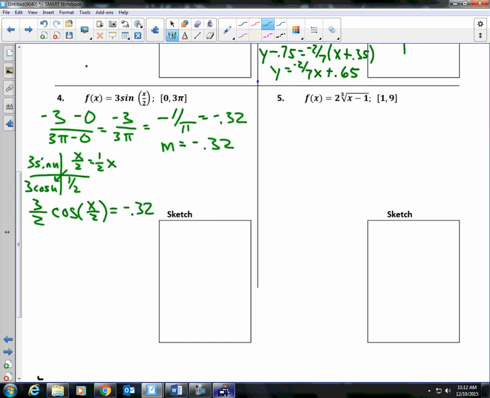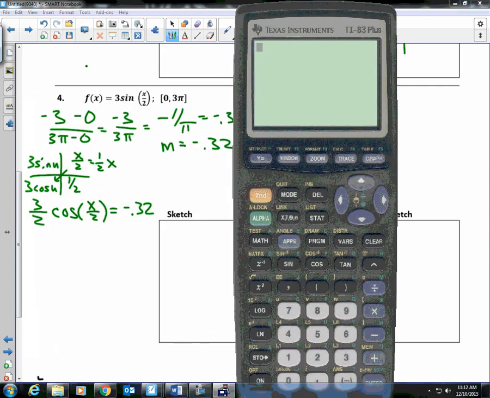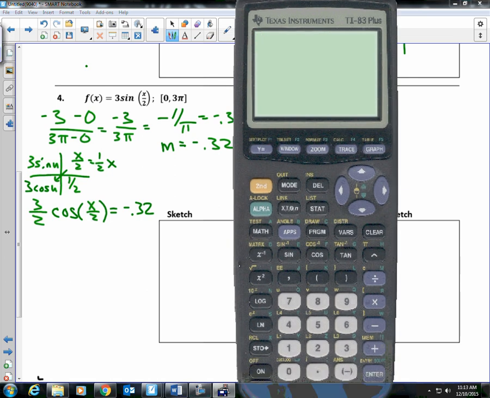How do I solve that? I've got to solve for x. So negative 0.32 times 2 divided by 3 is negative 0.213.